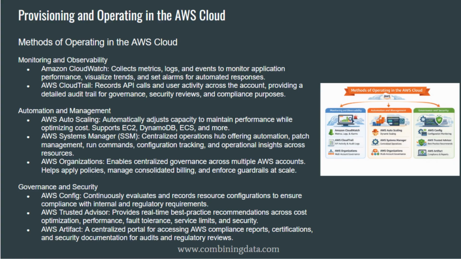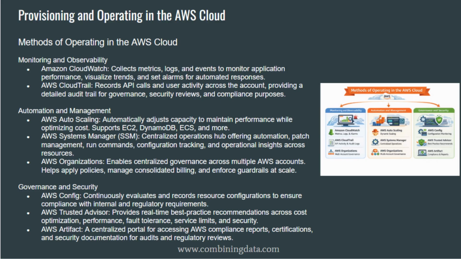This ensures applications maintain performance, costs are optimized, and over-provisioning is avoided. Example: an e-commerce website scales up during peak shopping hours and scales down at night. Exam tip: if the question mentions automatically adjusting capacity, think AWS Auto Scaling.